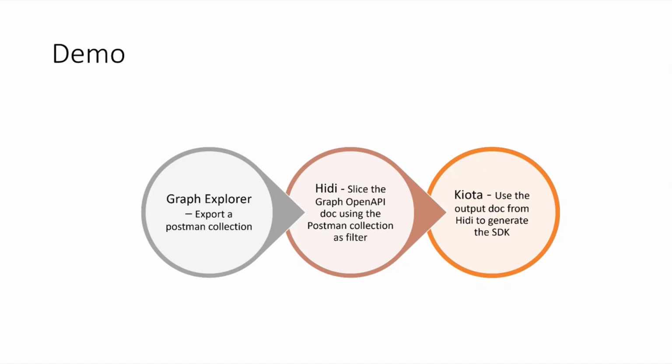HIDI also allows you to validate your OpenAPI documents as well. So I'm going to use HIDI, and I'm going to use the Postman collection that I will get from Graph Explorer. And then that's how I'm going to get my OpenAPI document. With that OpenAPI document, I can ask Kyoto to generate an SDK for me.